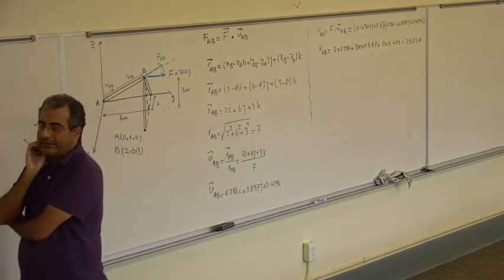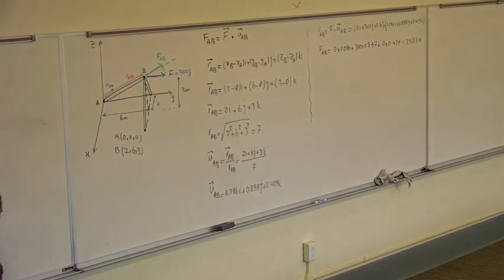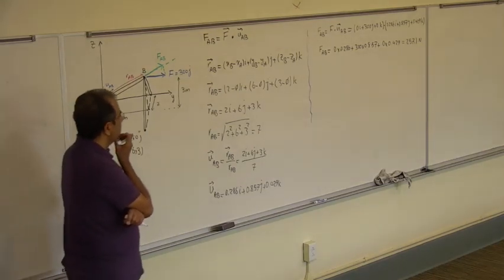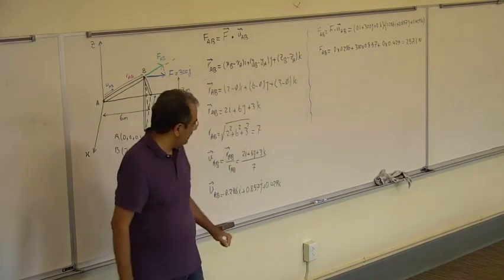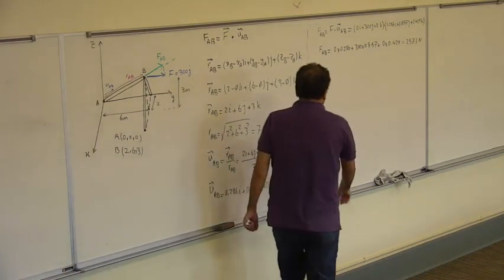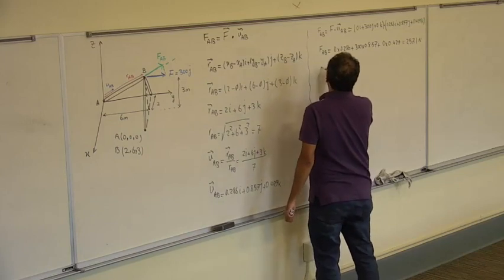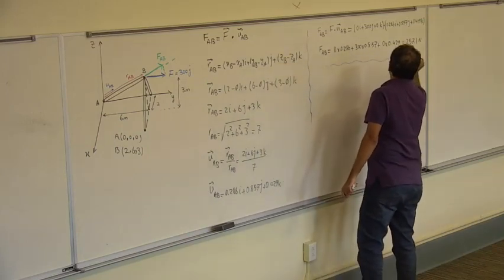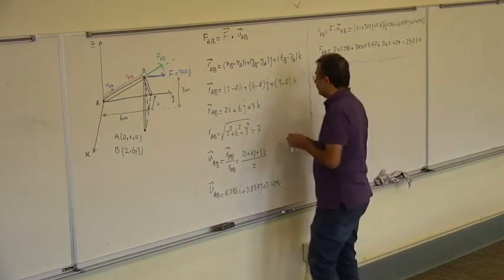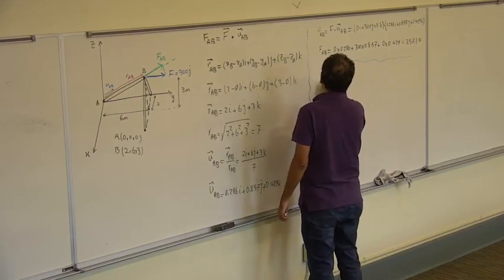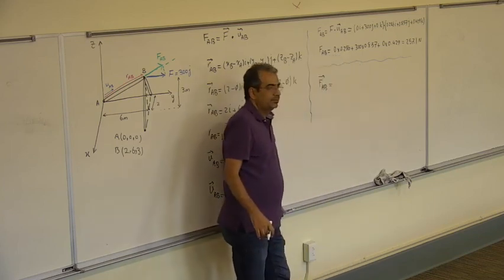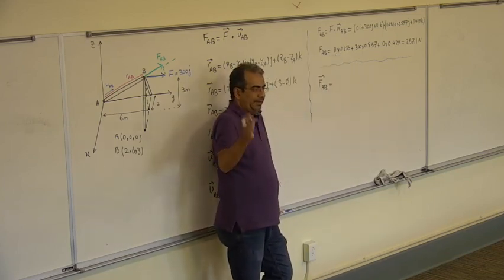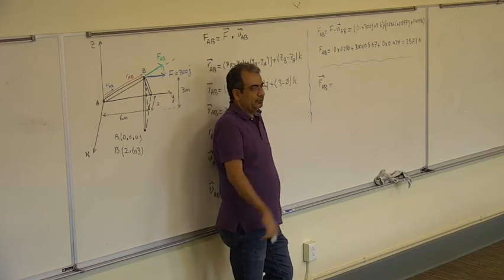Now how can I get its vector? This is its magnitude, so the next part is about its vector. Remember that FAB is equal to magnitude times the unit vector.